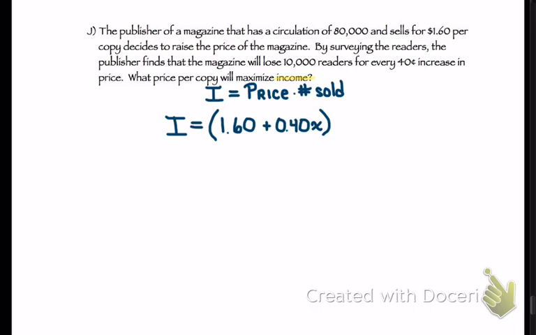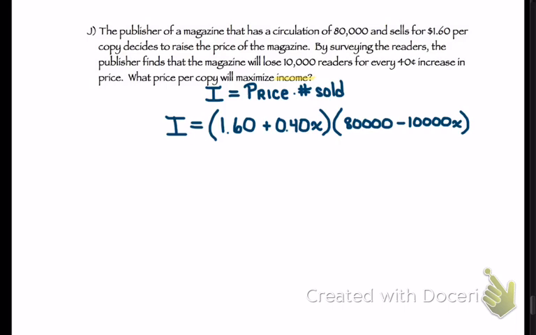What about the number sold? Right now, 80,000. They will lose 10,000 readers for every 40-cent increase. So I think the number sold will be 80,000 minus 10,000x.